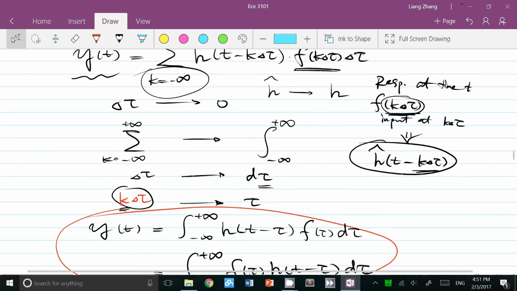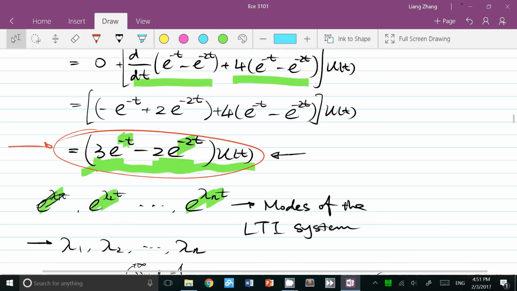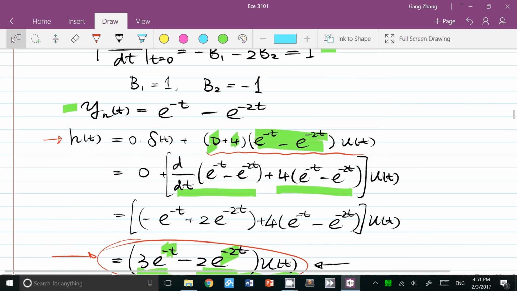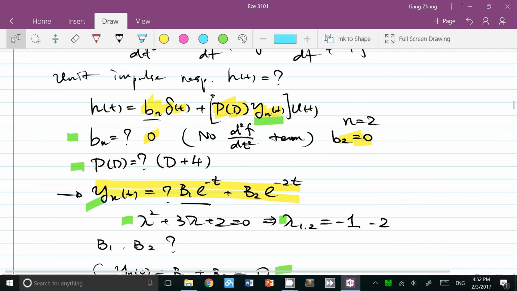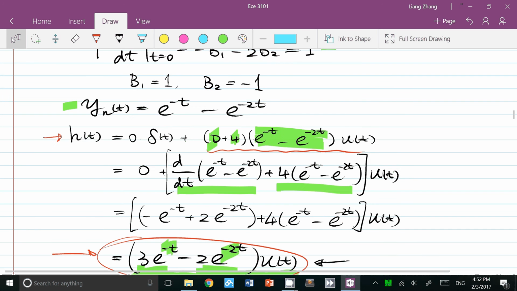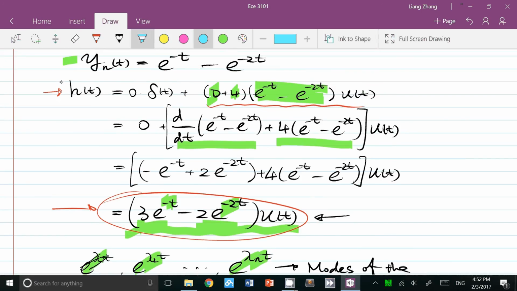For this particular example, you have two characteristic roots, -1 and -2, and when you eventually obtain your impulse response h of t, you still have this e to the negative t and e to the negative 2t. Both of the terms appear in the zero state response.